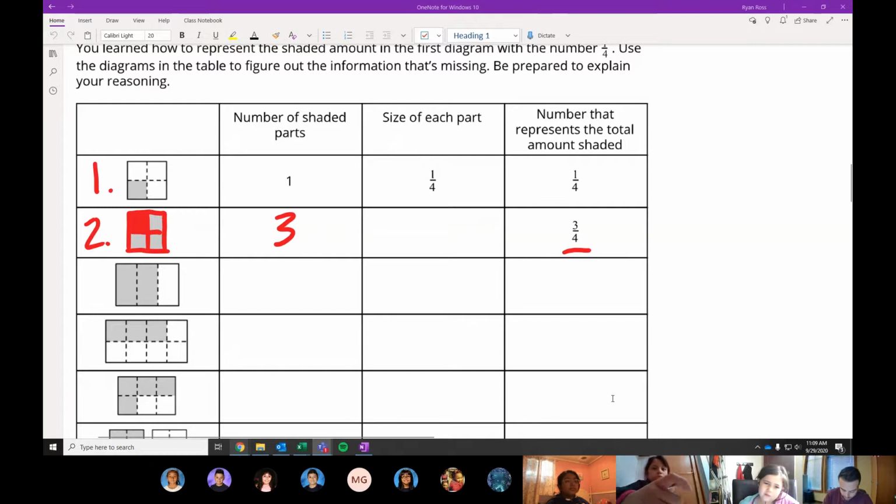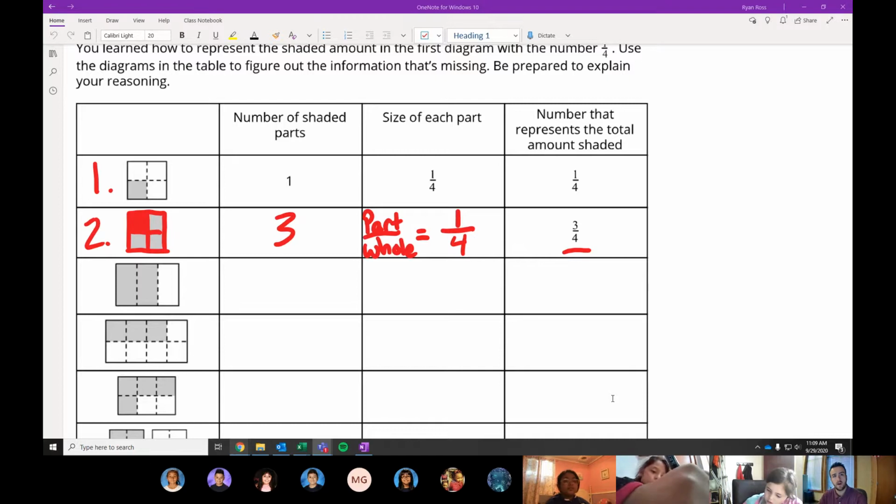So let's go back to our part and whole. So we have part over whole. How many parts are red, Sarah? One. Yeah, so there's one part that's red. Now, how many parts are there in the entire square? 4. There are 4. So each of those pieces is 1/4 of the whole. Do you see that?